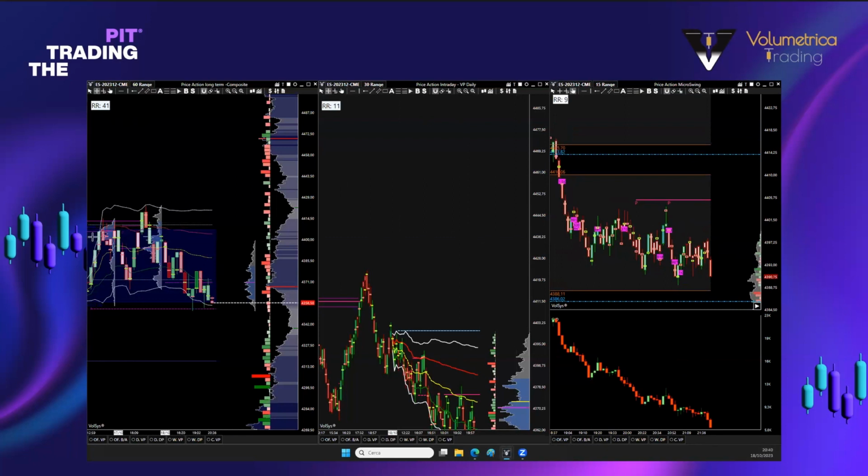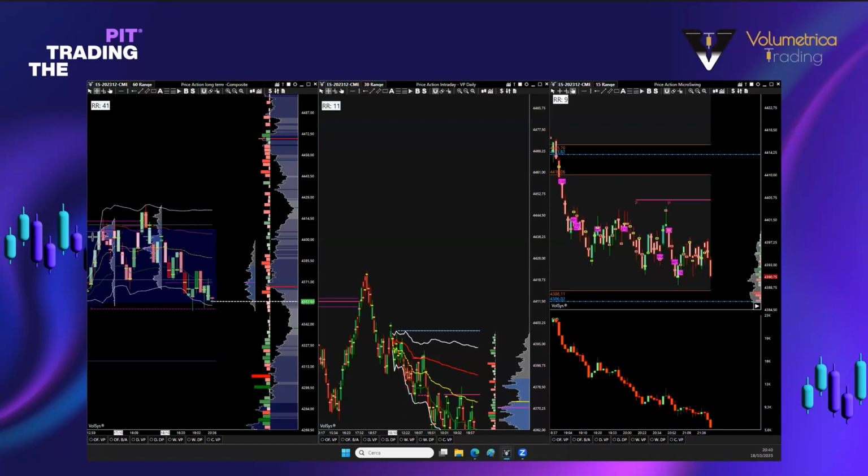Considering that we still have lots of aggressive buyers or sellers that hit that level, aggressiveness is still in play. So they are really motivated, even if they were absorbed.